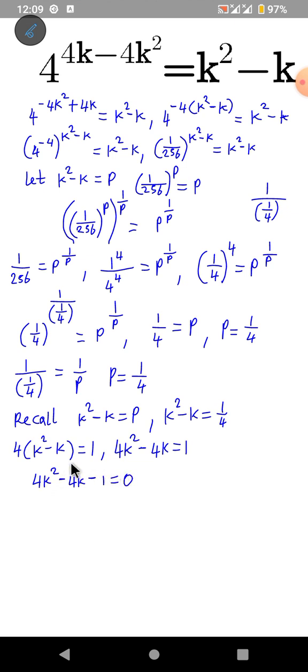Now this quadratic equation, I'm going to solve it using the quadratic formula method. In the quadratic formula method, my a is the coefficient of k squared. So a is equal to 4.